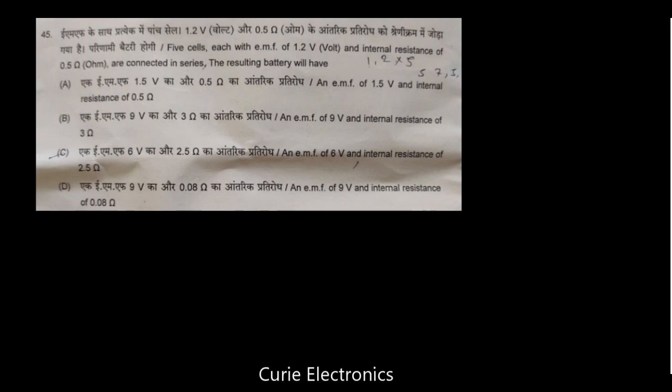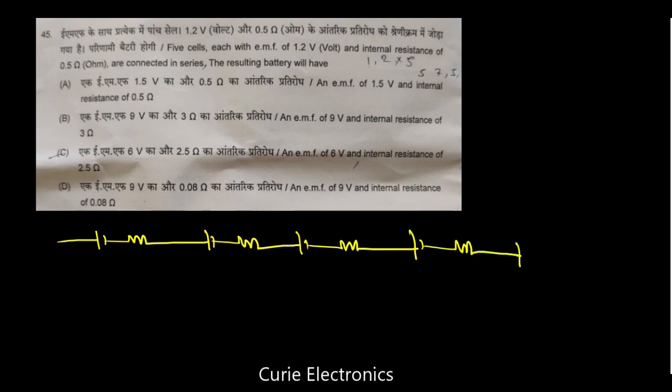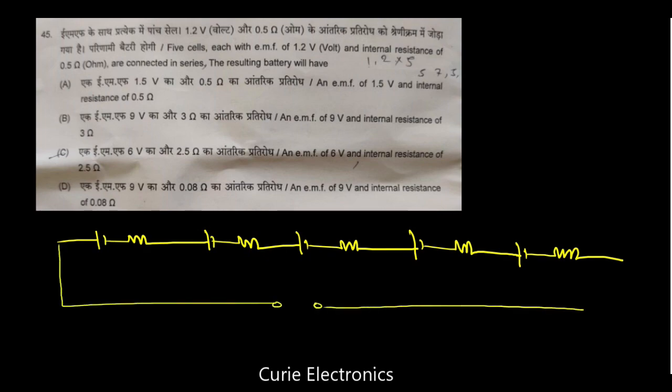That means we have 5 cells. 1, 2, 3, 4, 5 cells with the internal resistance. Then we have to find out what is the total internal resistance of the combination. And each are 1.2 volt and 0.5 ohm.